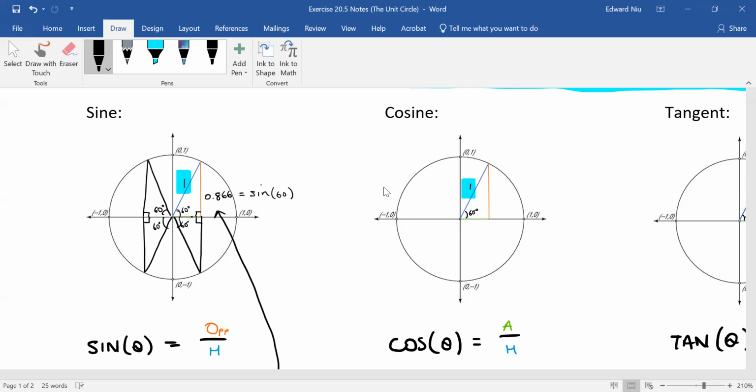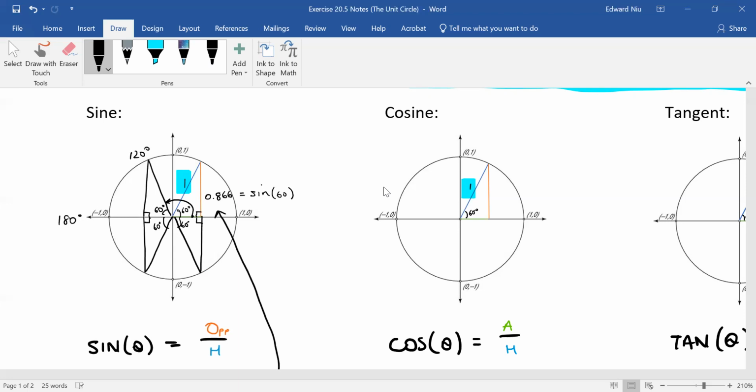What we do is with the ambiguous cases, we learnt back in exercise 20.2, I think, with the sine rule. We go and figure out what 180, so we know this is 180. We take 60 degrees off 180, and we know this is going to be 120 degrees.